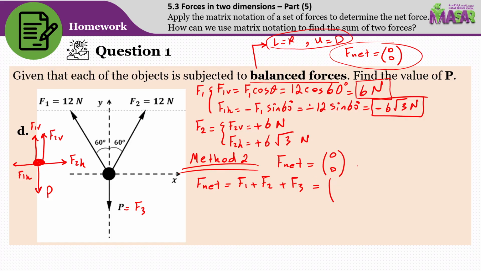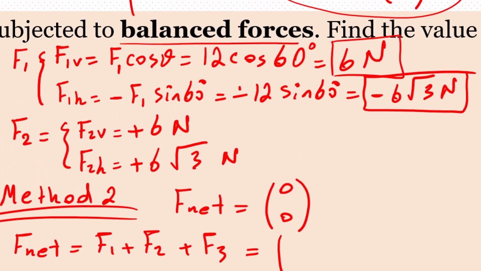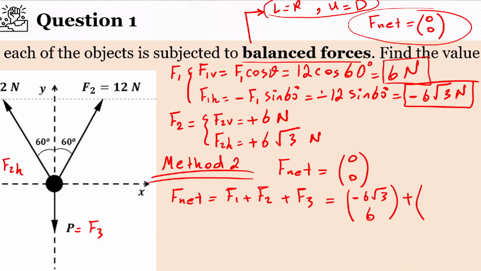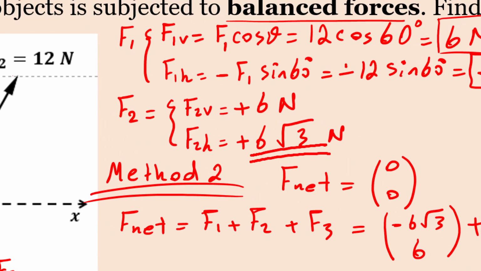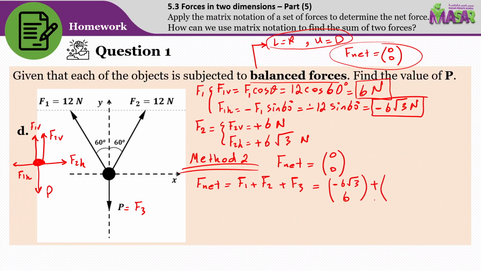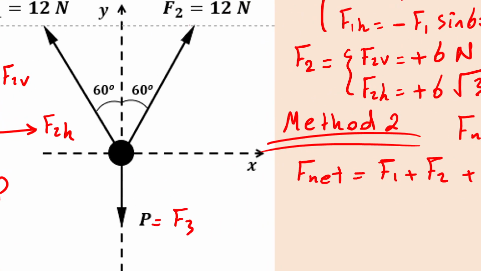So always we start with the horizontal, and the horizontal component for F1 is minus 6 radical 3, and for the vertical is 6. Plus the same thing can be said for F2. However, for F2, we have plus 6 radical 3 and plus 6 Newton.